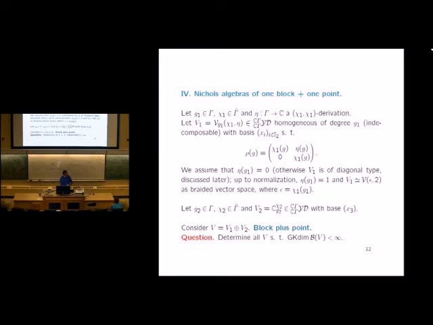Already this is not true for Cartan matrices, because there are some systems of matrices called hyperbolic, strongly hyperbolic, I don't remember, there are several names.